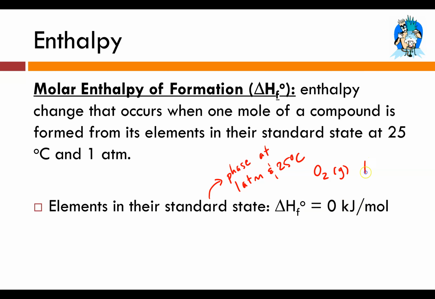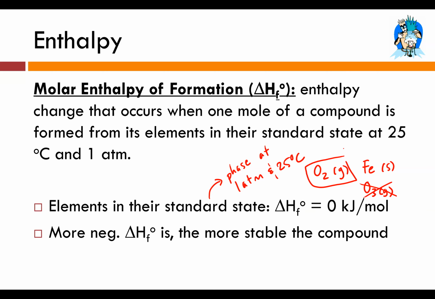For a metal, it's monatomic and in the solid phase more often than not. Something that would not be an example of an element in its standard state is something like ozone. That is not in its standard state. This is the standard state for oxygen. The more negative the heat of formation is, the more stable the compound. And we'll start to look at some examples of that.